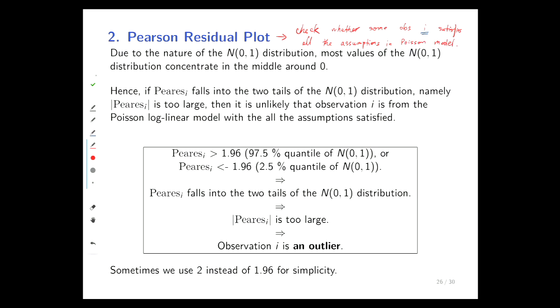So that means it's used to check all the assumptions, but only for some observation i. So we can only check whether or not some observation i satisfies all the assumptions.